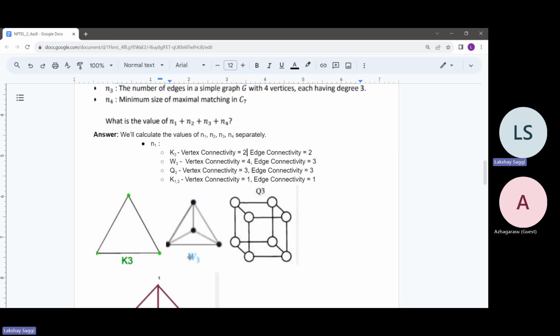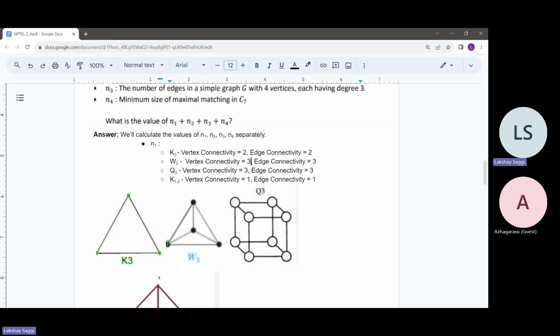Similarly, in this graph W3, I had defined vertex connectivity as 4. But if I delete 3 vertices here, I'll be left with a single vertex. So here vertex connectivity is 3 and not 4.